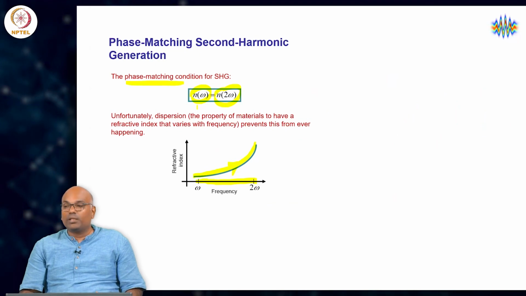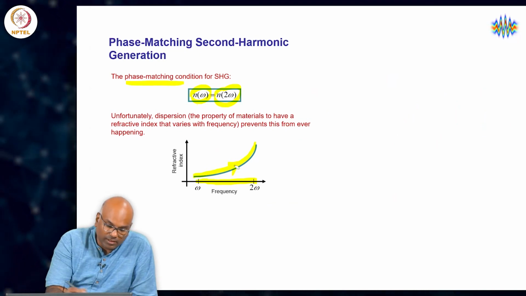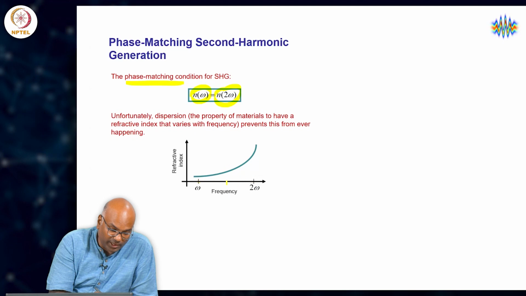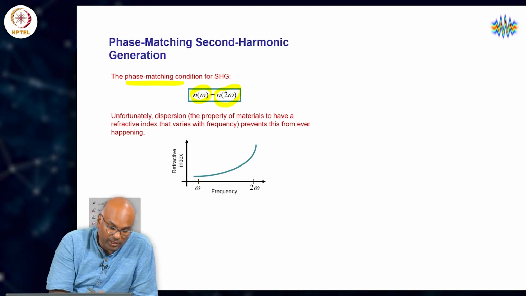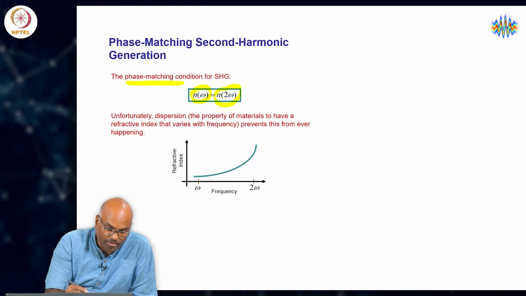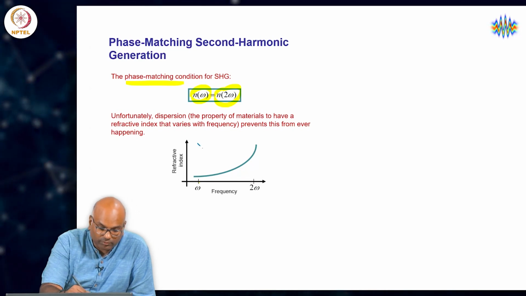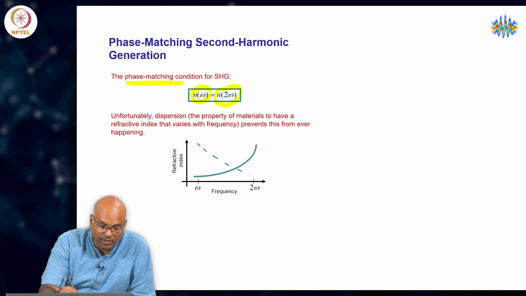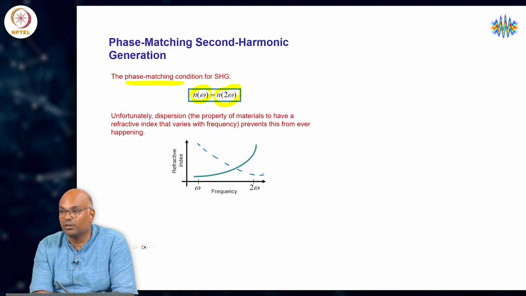What about anomalously dispersive media? If we had considered anomalously dispersive media, do they offer an alternative or a solution? We would have essentially had a scenario where the refractive index dependence on frequency would have been such. Okay.